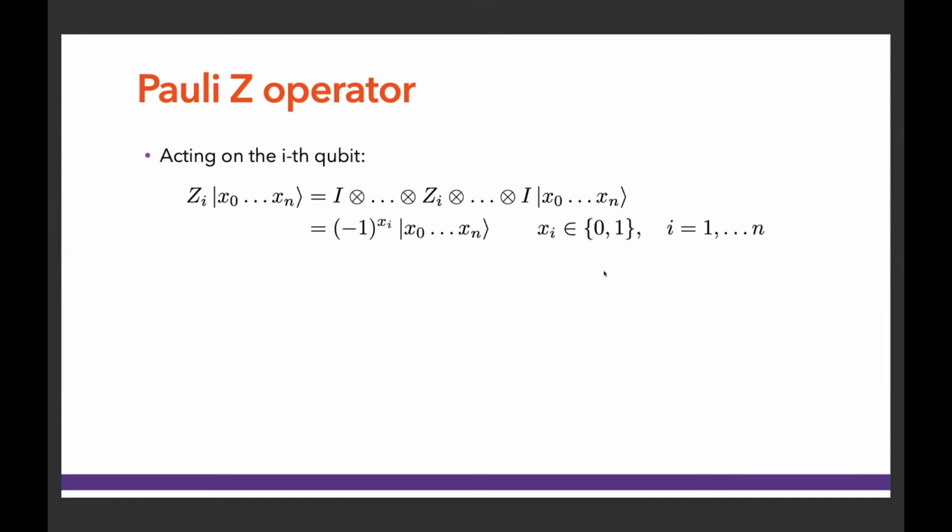Now let's go to the more general case of n qubits. If Z acts on the ith qubit, we'll get -1 to the power of xi. This is simply because when we write Zi, this is really a shorthand notation for identity tensor product, as many identities as we need, tensor product Zi, tensor product as many identities as we need on the other end.